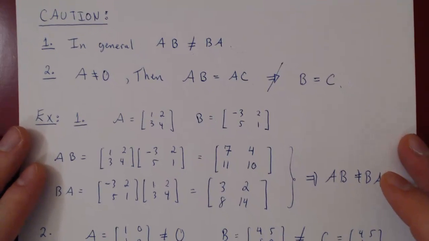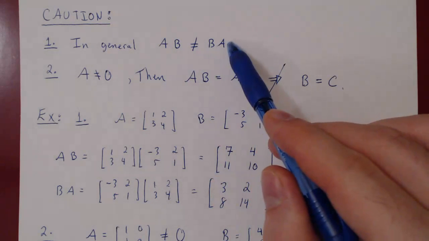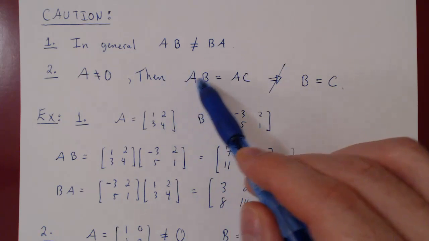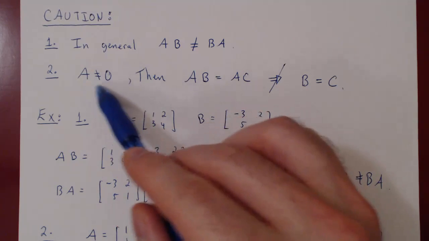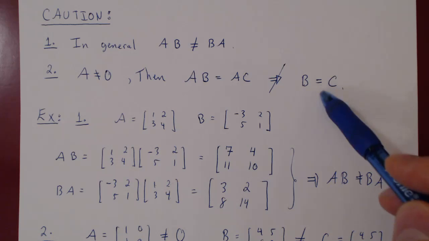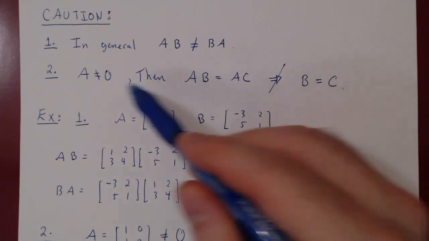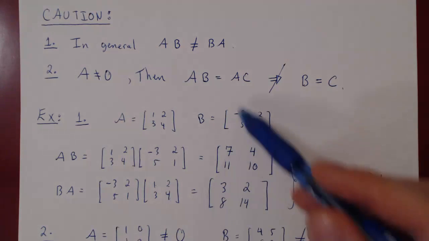But I want to conclude with this. The simplest way of thinking of matrix algebra when it comes to addition, subtraction, and multiplication is that it behaves just like real numbers, except that in general for matrices, AB is not equal to BA, and even though AB equals AC, where A is not the zero matrix, we cannot always imply that B is equal to C. So we can't always just cancel A if A is just not the zero matrix.